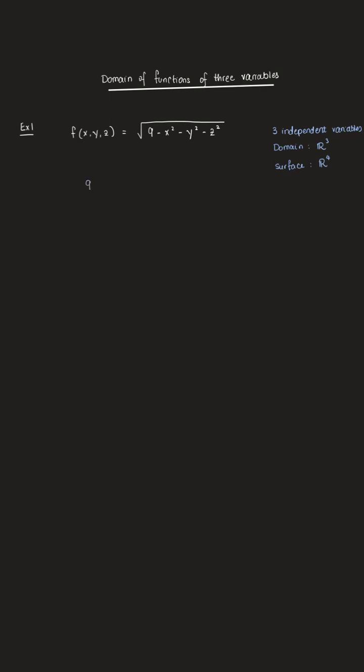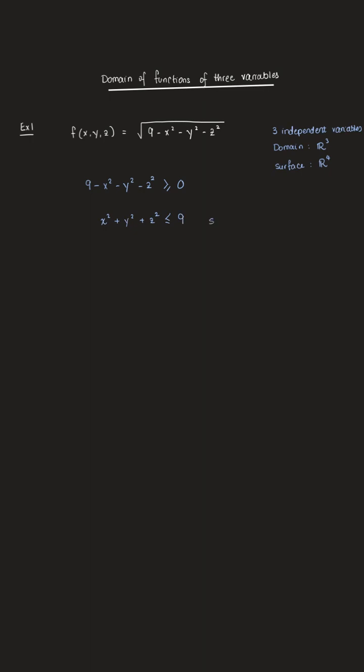So that tells us that 9 minus x squared minus y squared minus z squared must be greater than or equal to 0. If I move all of the variables to one side of the inequality, that then gives us that x squared plus y squared plus z squared has to be less than or equal to 9.